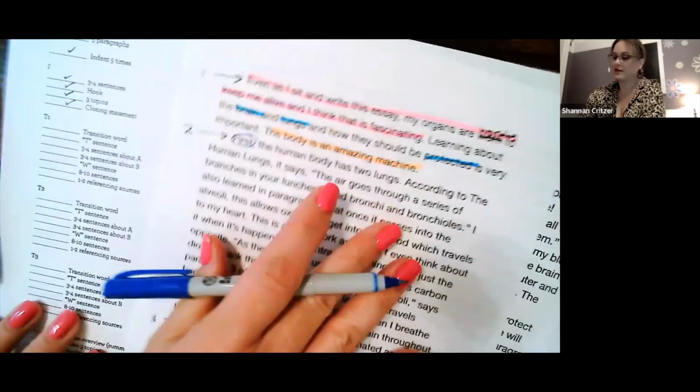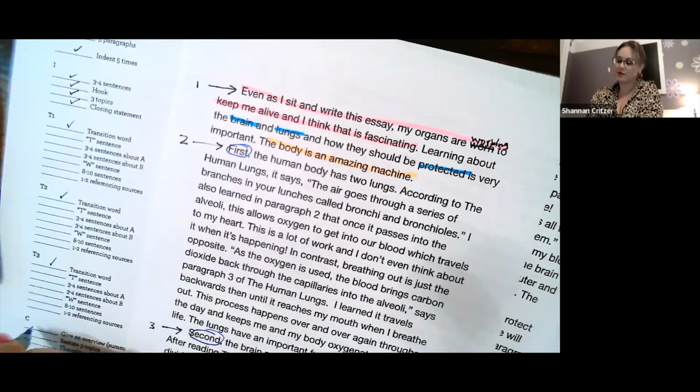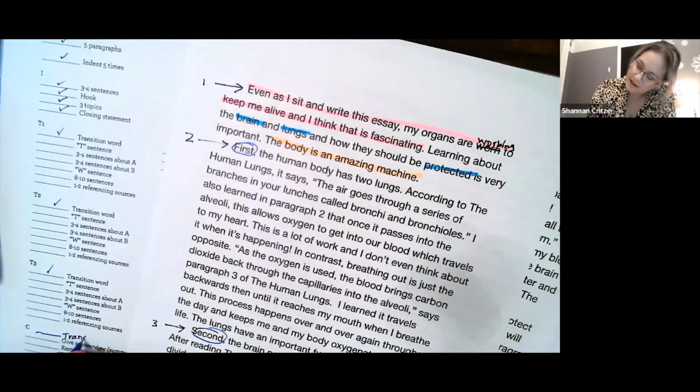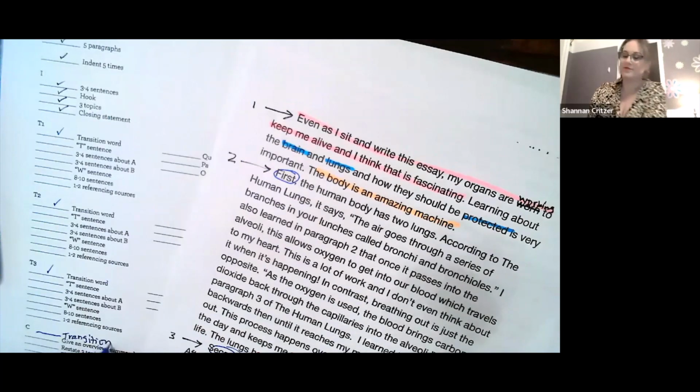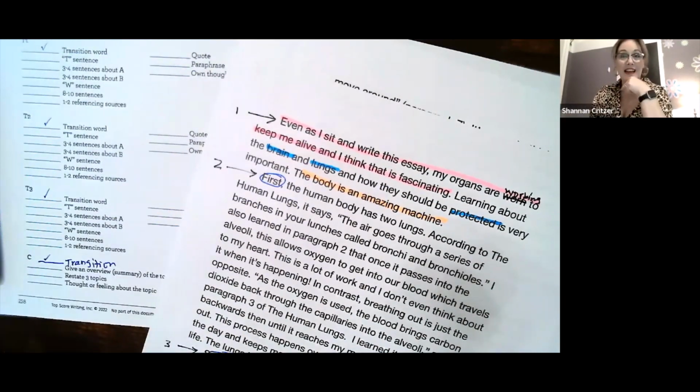Okay, so now I know that I have a transition word in all paragraphs, and there should be another line right here, transition. I don't even think you can see this, can you? Yes, you can. There we go. I have that in all my paragraphs. I know that it's flowing.